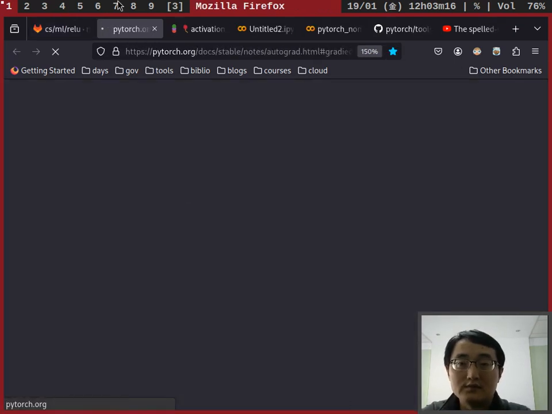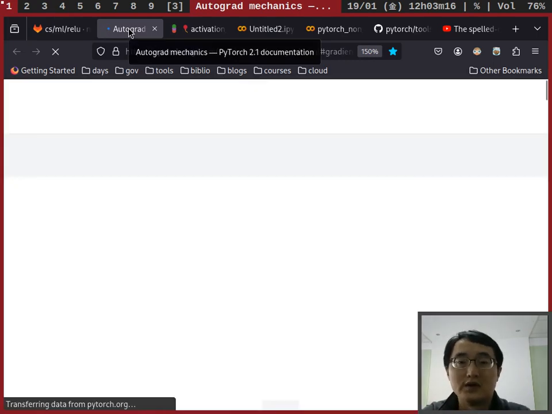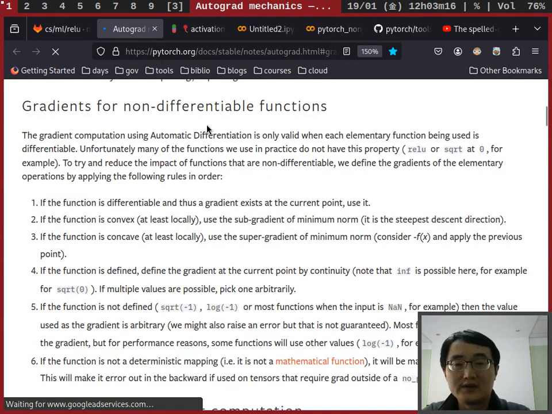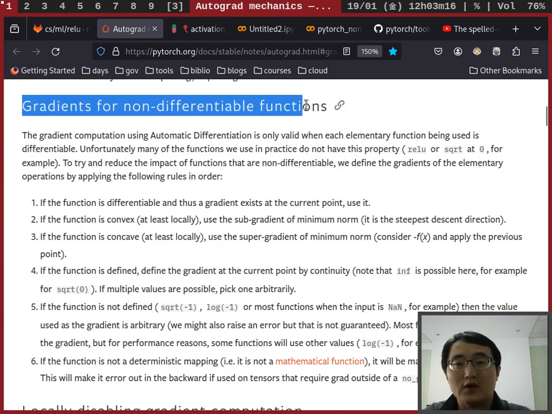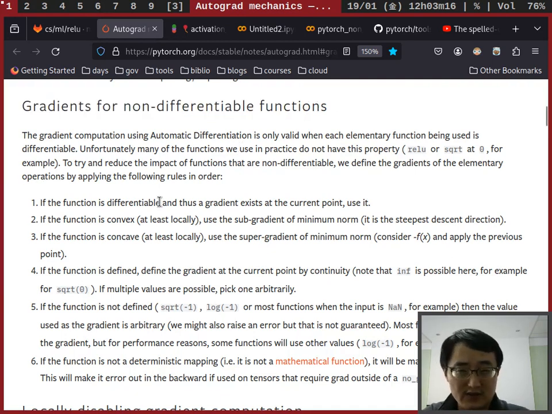Sorry, let's open up this link. If one is interested in this kind of question, sooner or later one will bump into this article by PyTorch called Autograd Mechanics, and in one of its sections they wrote how gradients for non-differentiable functions are calculated. Since it's not differentiable anymore, we must have something to replace the gradient.